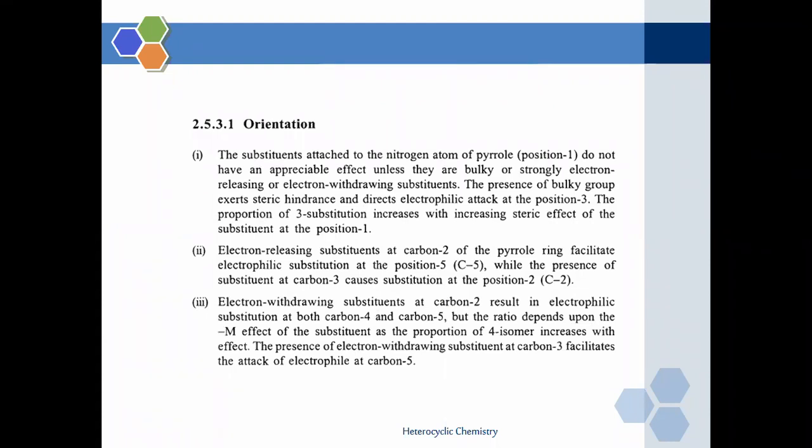Now, what will be the orientation pattern of this pyrrole molecule towards any type of reaction? The substituent attached to the nitrogen atom of the pyrrole, that is position number 1, will not have any appreciable effect unless it is bulky or strongly electron releasing or electron withdrawing. जर substitution nitrogen atomच्या positionला घडलं, then at that time generally हे होतच नाही.